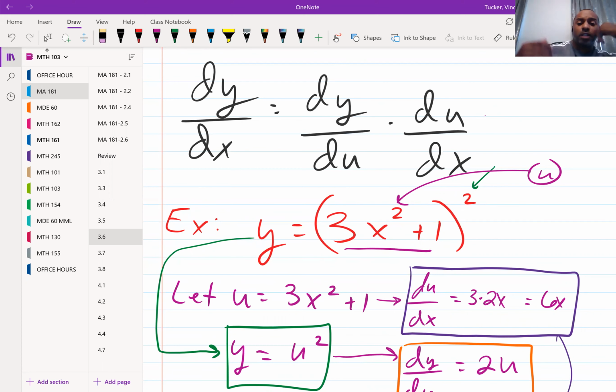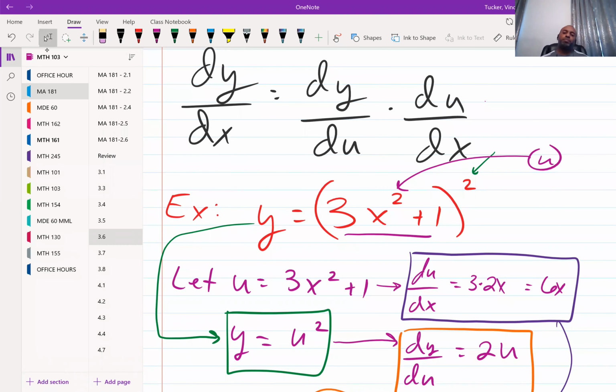Whatever's on the inside, that's what we're going to call u, and then substitute u in for that middle piece. So u is 3x squared plus 1. If you were to plug in u here, that leaves us with y equal to u squared.